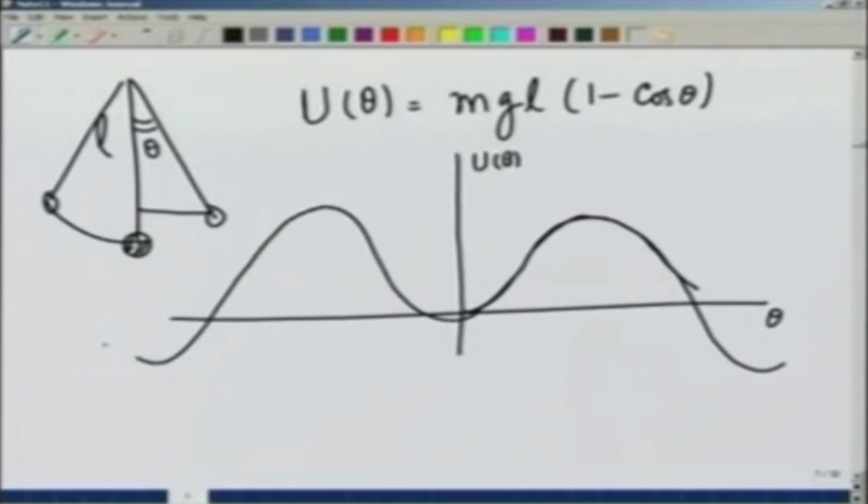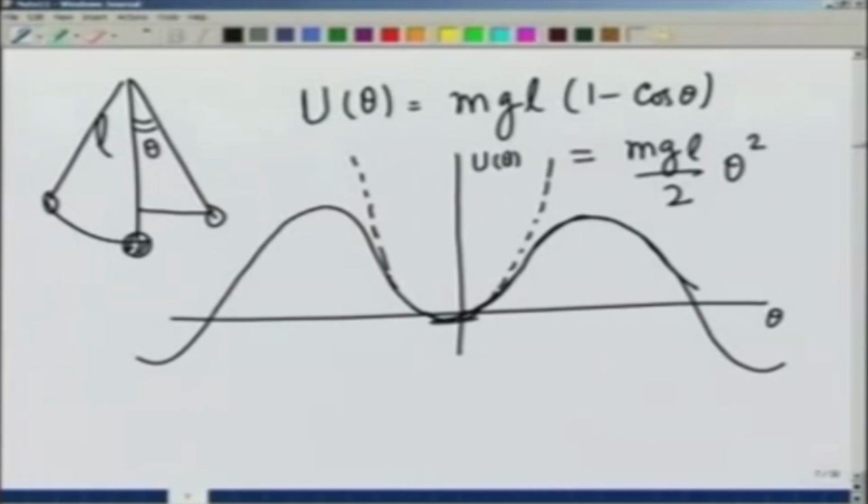However, when we approximate this as a simple harmonic motion, then the potential energy becomes m g l divided by 2 times theta squared, and therefore I am approximating this potential energy like this. This point is 0. So again you can see for a good range of theta, the approximation to the potential and the potential itself are quite close to each other.